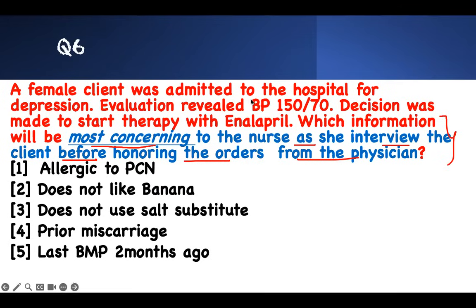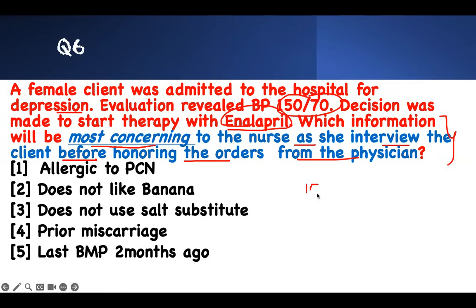A female client was admitted to the hospital for depression. Evaluation revealed her blood pressure is very high, 150/70. A decision was made to start therapy with enalapril. You've got to know this. So which information from the history that the nurse obtained requires her to take a pause before giving this medication to the patient?